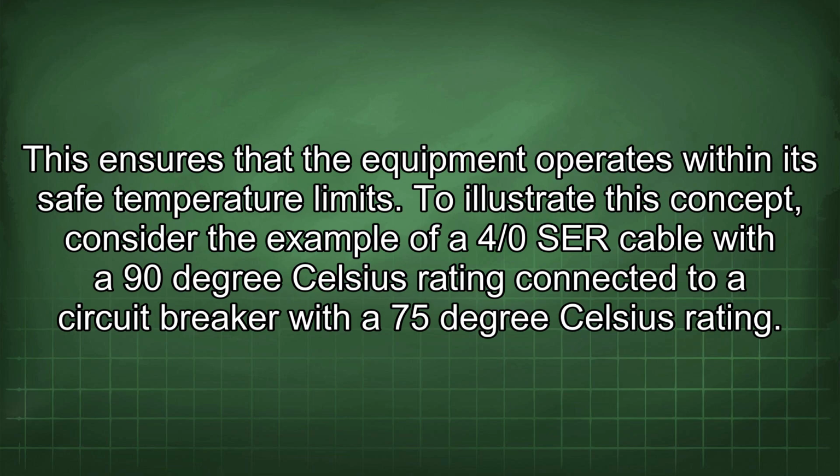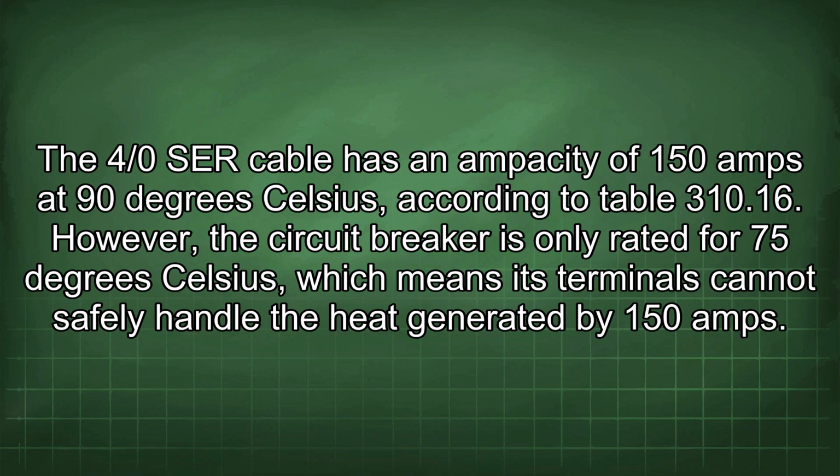To illustrate this concept, consider the example of a 4/0 SCR cable with a 90°C rating connected to a circuit breaker with a 75°C rating. The 4/0 SCR cable has an ampacity of 150 amps at 90°C according to table 310.16. However, the circuit breaker is only rated for 75°C, which means its terminals cannot safely handle the heat generated by 150 amps.